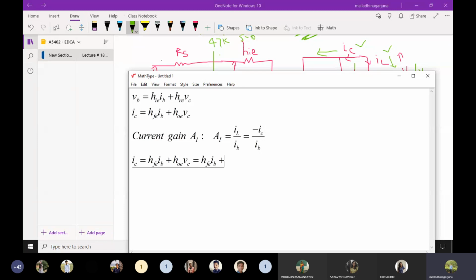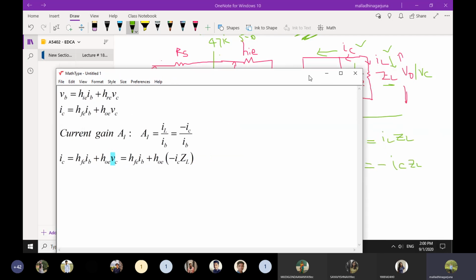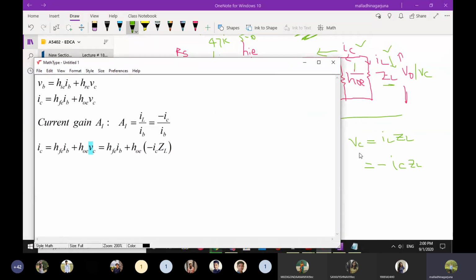I can write VC as minus IC into ZL. Why? Because VC is the output voltage, and that is IL into ZL, where IL is equal to minus IC. So VC is equal to minus IC into ZL.